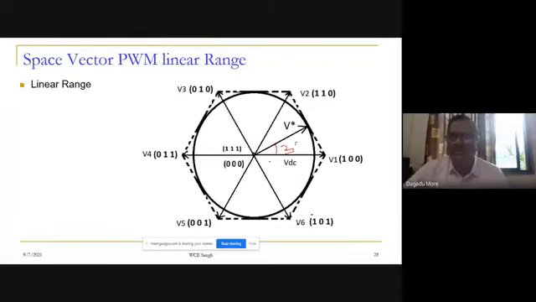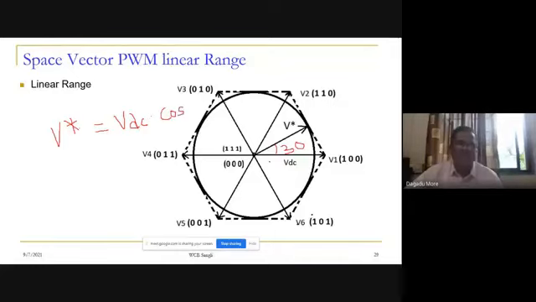And you can see that V star will be equal to VDC multiplied by cos of 30. So you get the maximum magnitude of V star as VDC cos of 30.